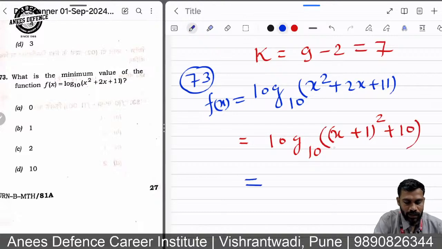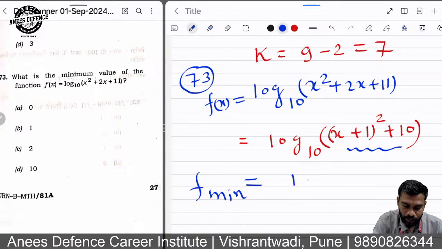Since log is an increasing function with base greater than 1, at the minimum value of input, it will give you the minimum value, right? So the minimum value of this will be 10 because x plus 1 whole square will give you 0, the minimum value, right? So 0 plus 10 is 10. So the minimum value of f will be equal to log 10 base 10. Log 10 base 10 will give you 1.